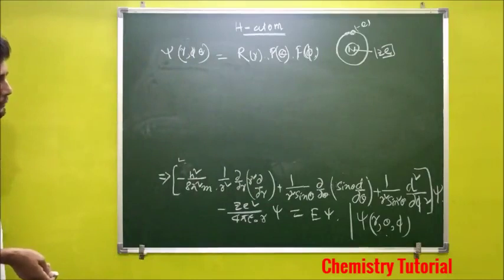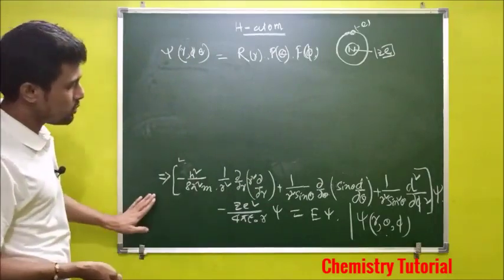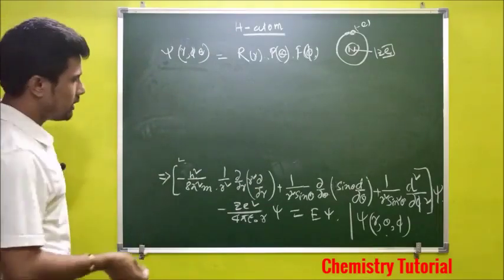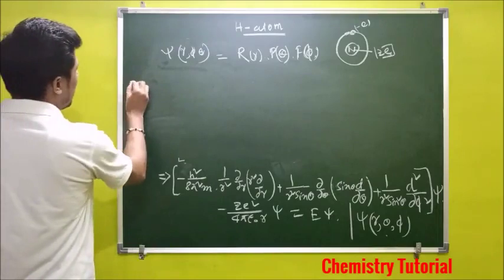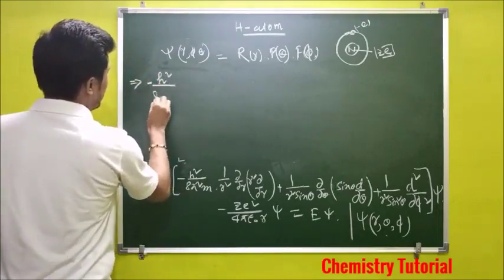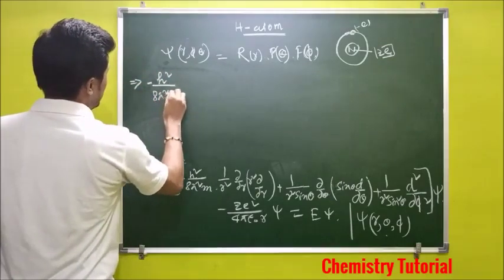So if we express this, then the Schrodinger equation will be like h square over 8 pi square m.